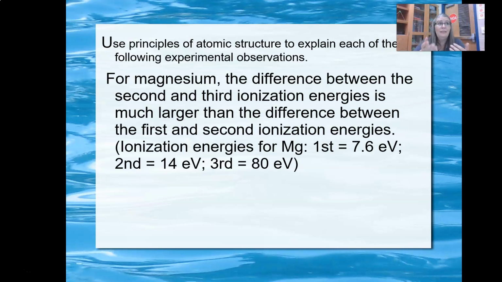A really common thing to do is for people to try and just make an argument, well, you're disrupting a noble gas configuration. Oh, okay, yeah, but remember, that's not really arguing from atomic structure. You have to look at something that's different to argue about a difference. I don't think it's as strong of an argument. I think you could make an argument, but you're going to need a lot more data than what you have.